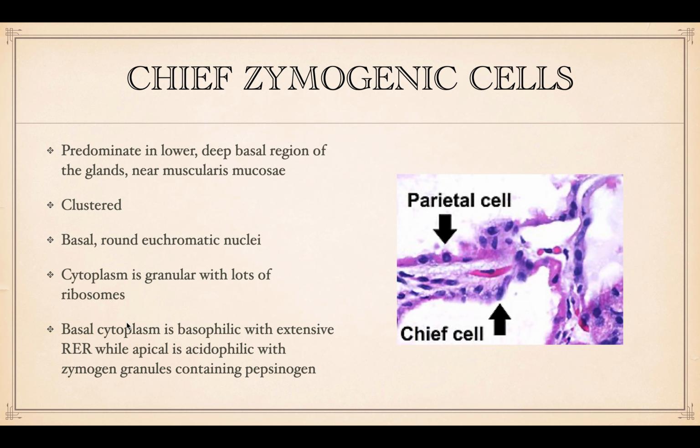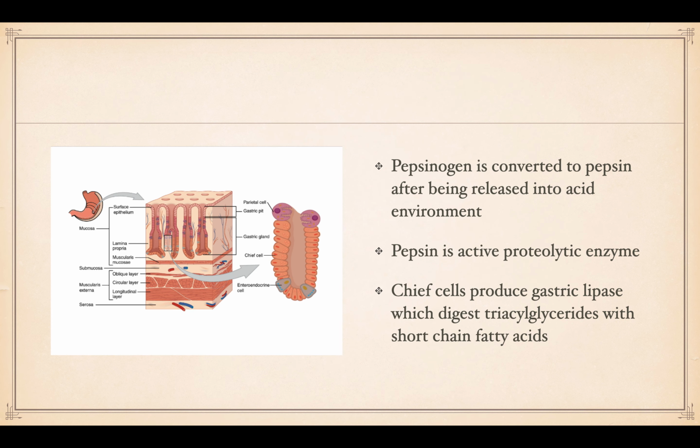The basal cytoplasm is going to be basophilic, with a lot of rough endoplasmic reticulum, versus the apical region that's going to be acidophilic, because those contain the zymogen granules that have pepsinogen in them.